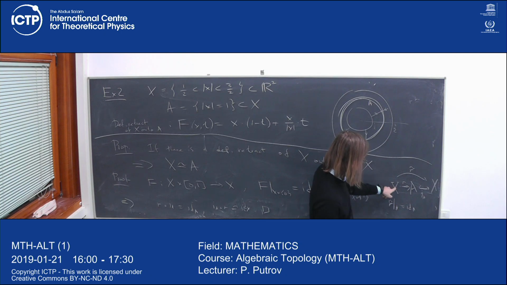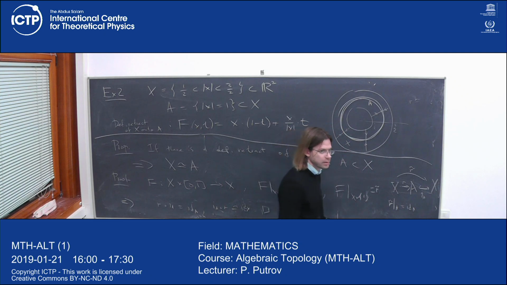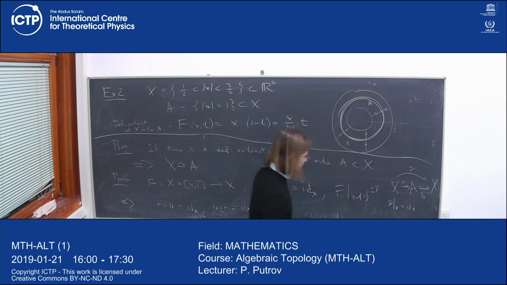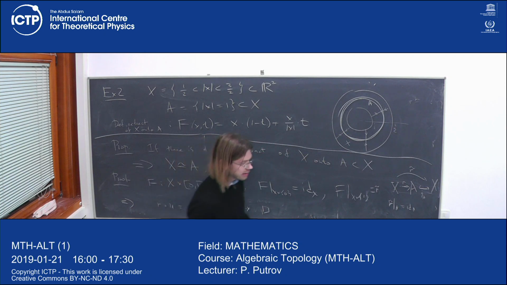Well, the retract is actually R tilde. Oh, I see. But again, the statement is that the image of R tilde is inside A, and also the restriction of R tilde on A is identity.